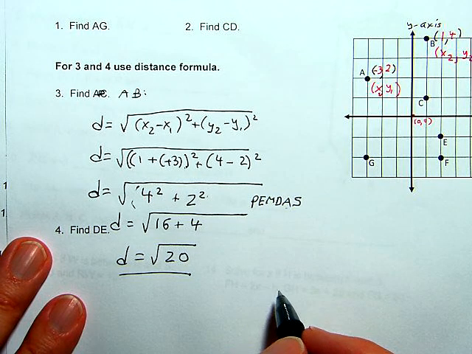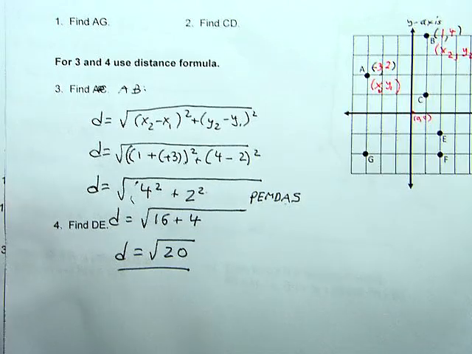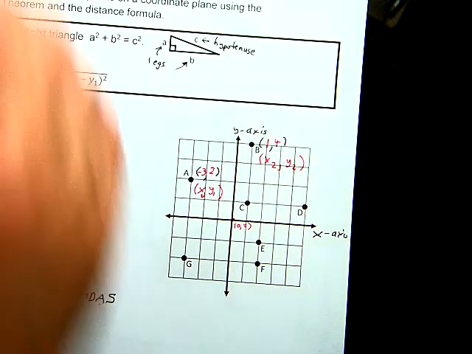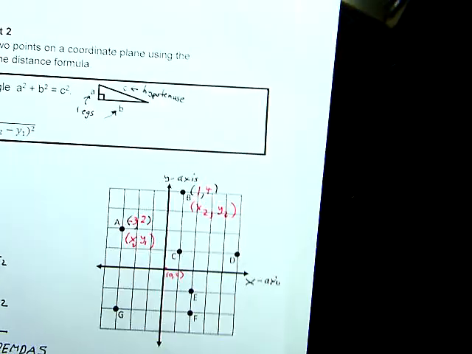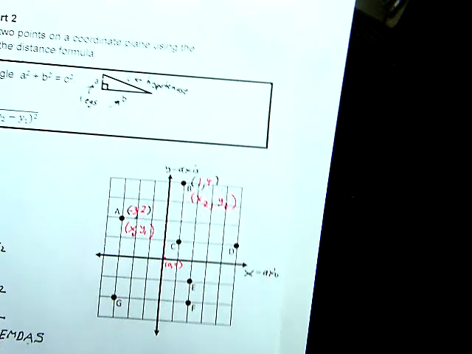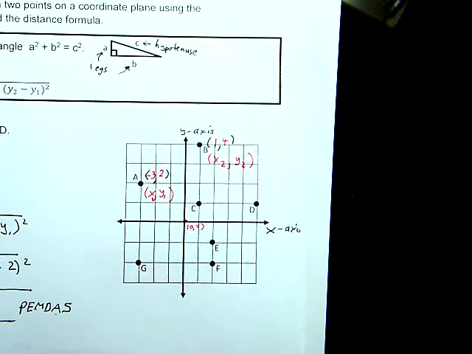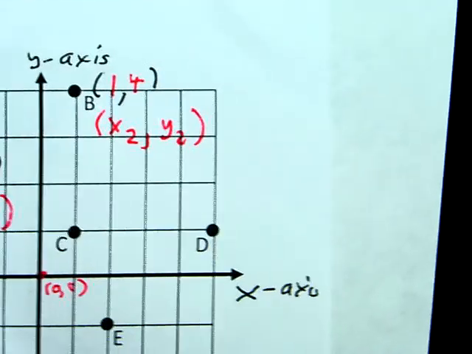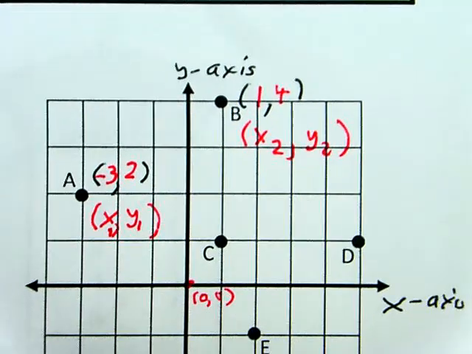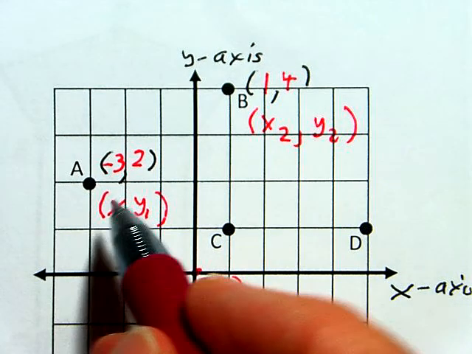That's how we use our distance formula. To do this with the Pythagorean theorem, we'd actually have to go back to here and draw a right triangle that has AB as its hypotenuse. Okay, so let's zoom in a little bit on this again, and let's remember that we're now going to try to do this using the Pythagorean theorem.